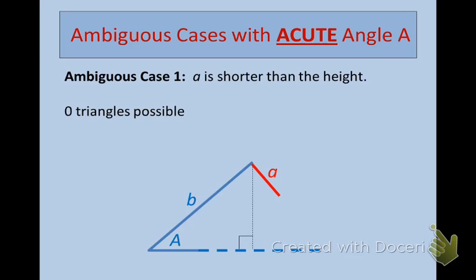All right, we call these things the ambiguous case, and you'll see why. So first we're going to look at the ambiguous case when you have an acute angle A down here.